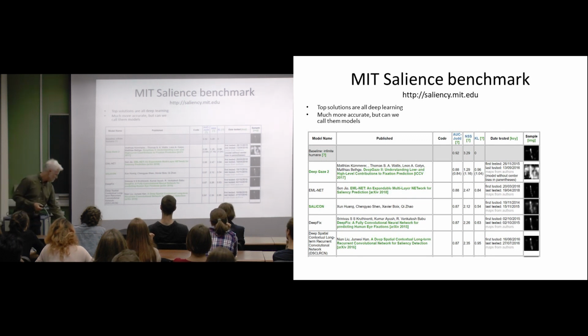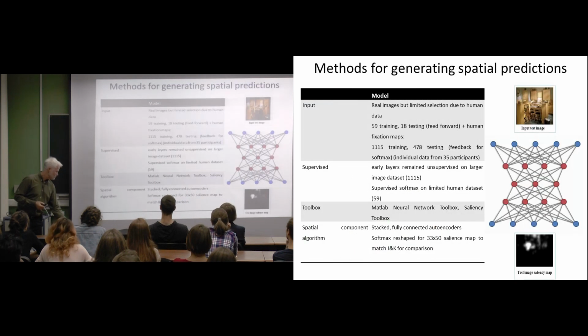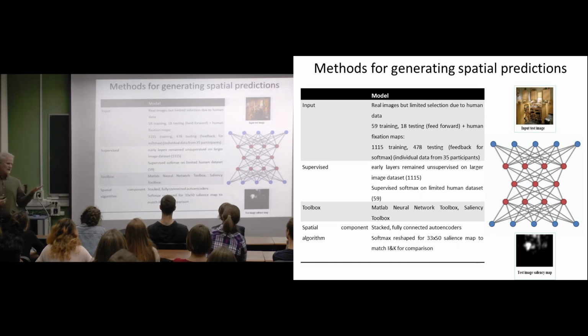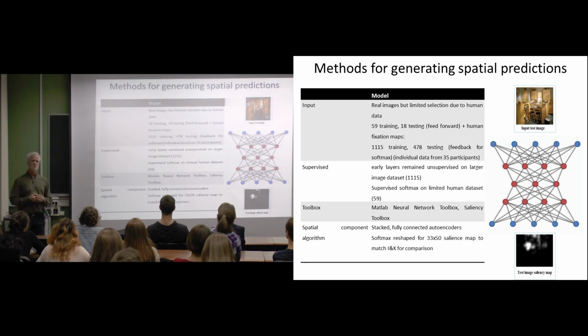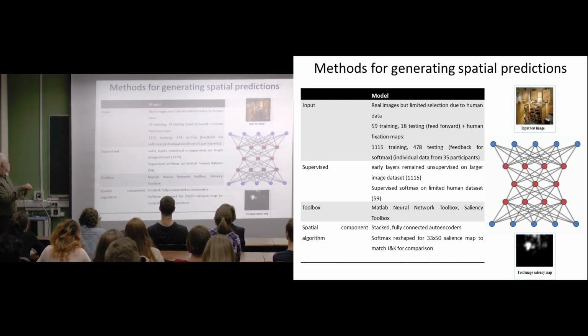We have one student looking at deep nested autoencoders. So we have a deep autoencoder with a softmax layer representing the salience map at the end. We use a combination of supervised and unsupervised learning to generate this salience map.